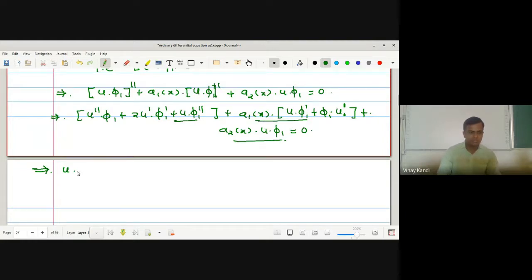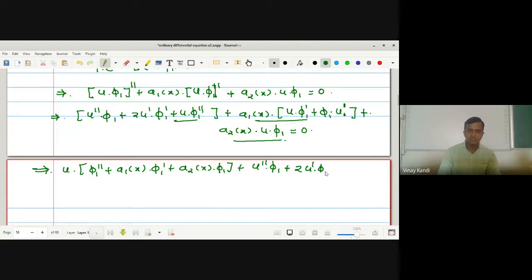So here we get u of x into phi 1 double dash plus a1 of x into phi 1 dash plus a2 of x into phi 1, plus u double dash into phi 1 plus 2 u dash into phi 1 dash. This term is as it is.